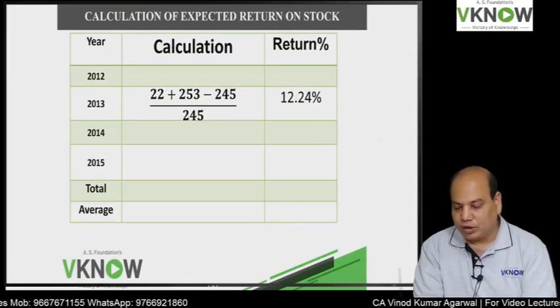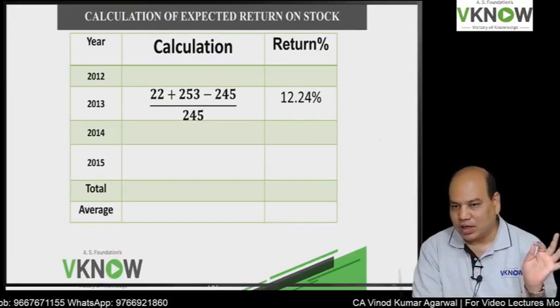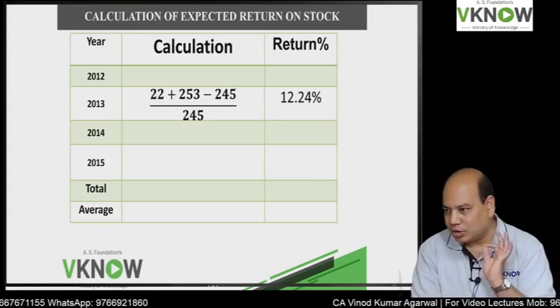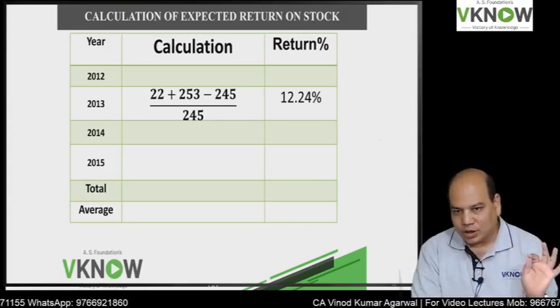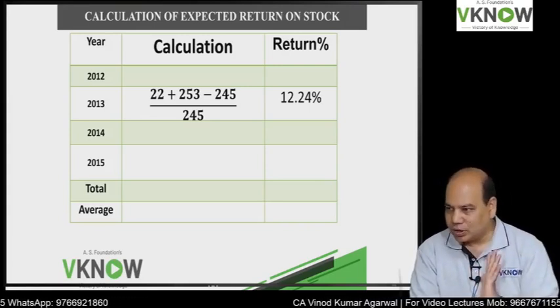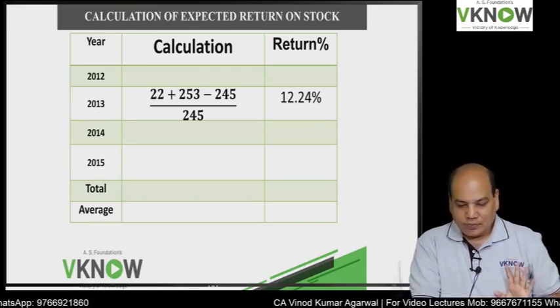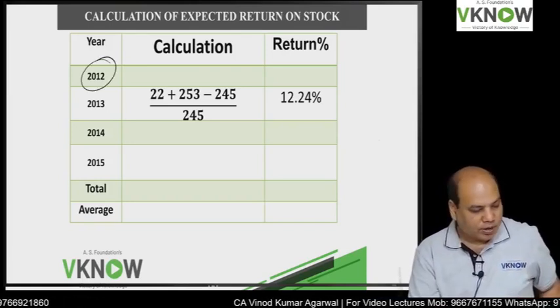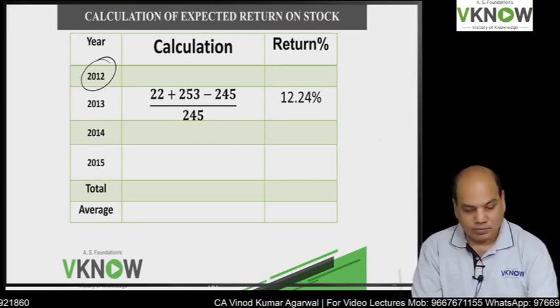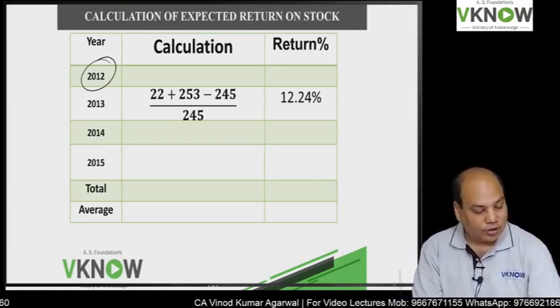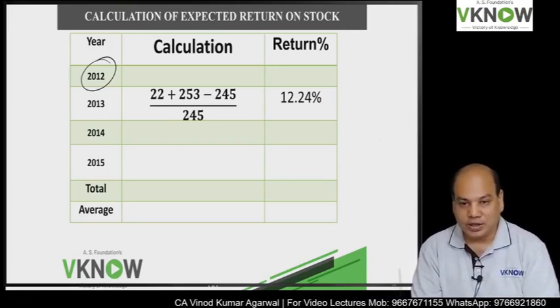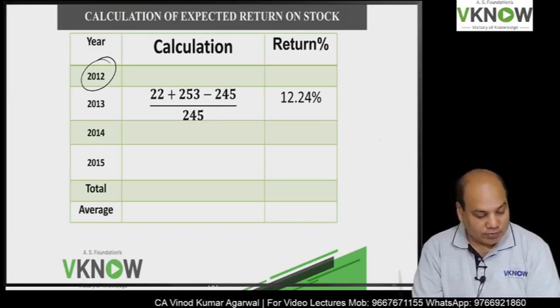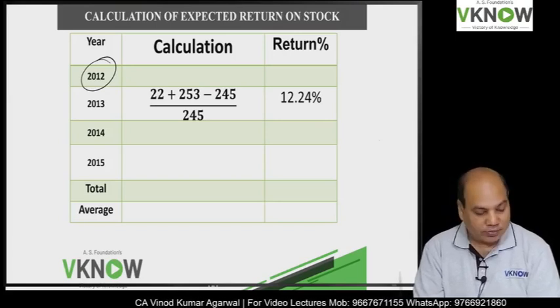First thing we need to find out the x bar, means average return of the stock. First year I can't calculate because the previous year data is not given. But second, third and fourth year we can compute the expected return because the opening prices are given.